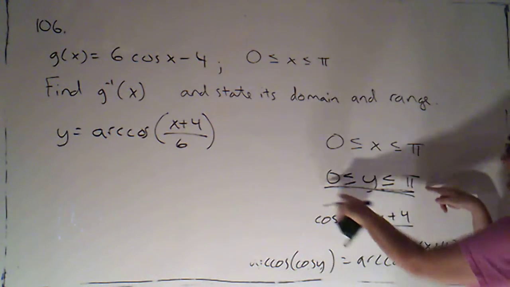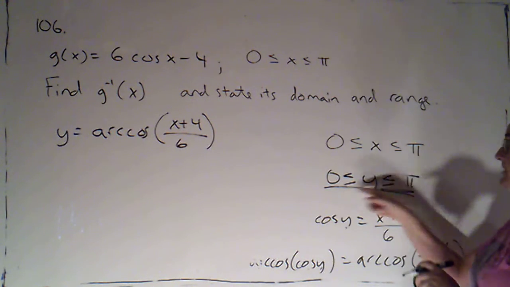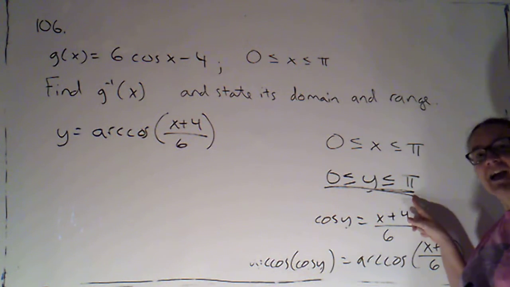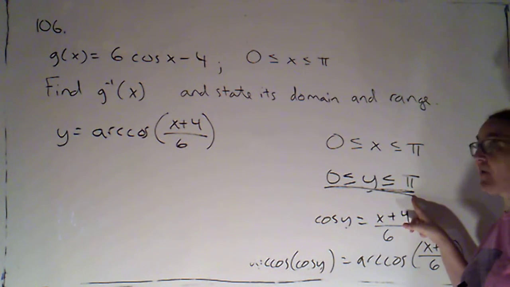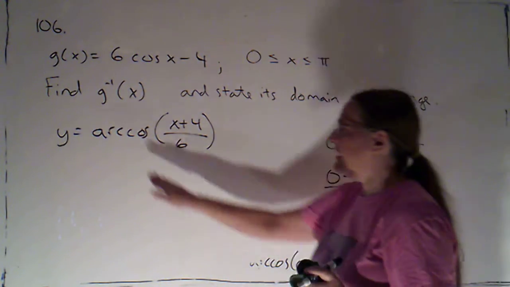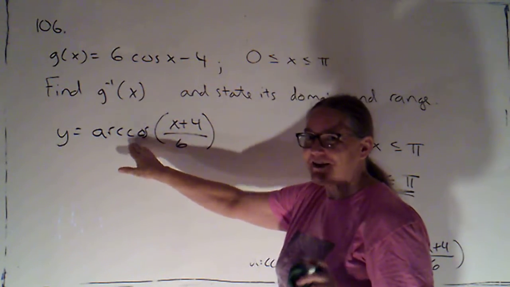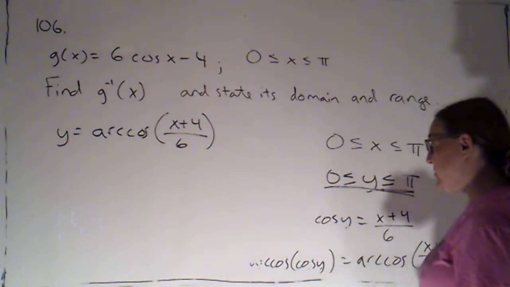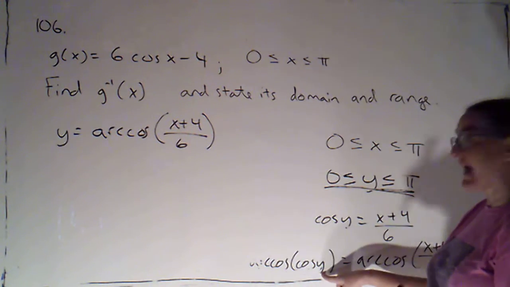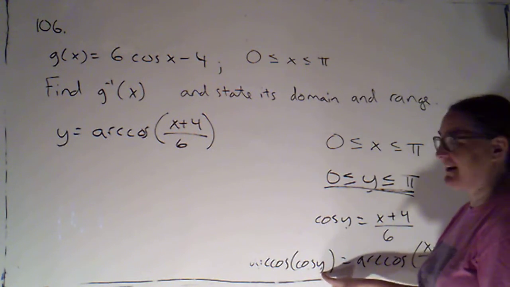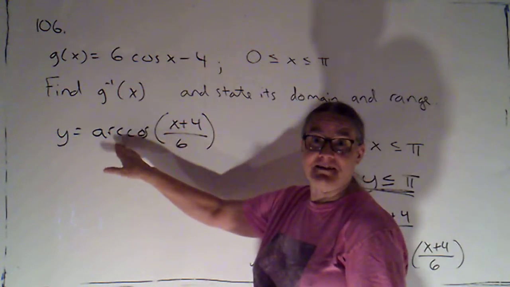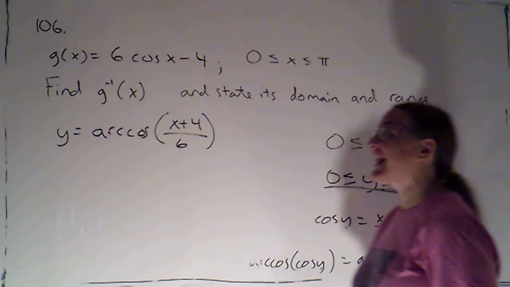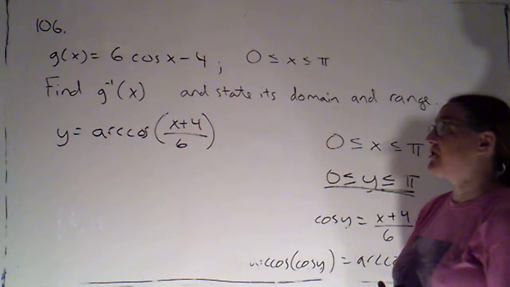Now, I still have this restriction that y is between 0 and pi. It actually becomes unnecessary for me to write that because I know arc cosine can only spit out those values. So I needed to know this in order to know that that was what I was plugging into cosine, but I sort of get it for free. Those are the only values that I can get out of arc cosine.